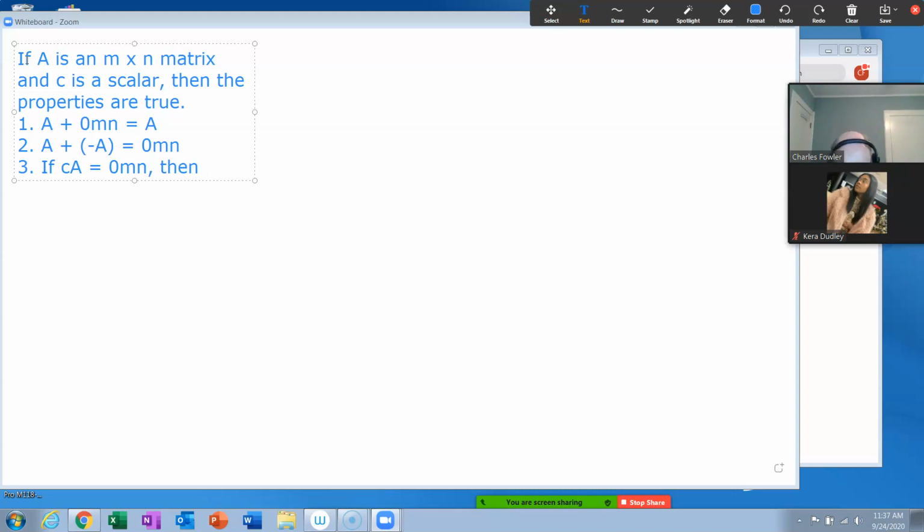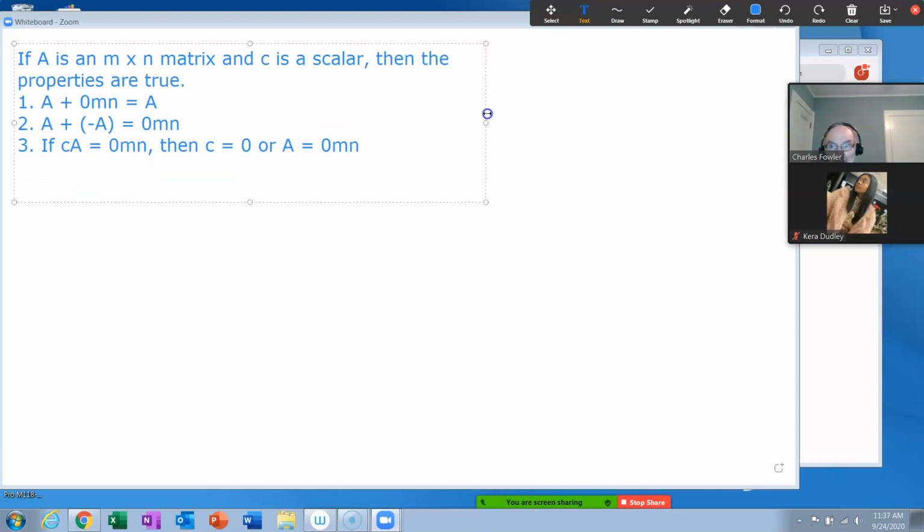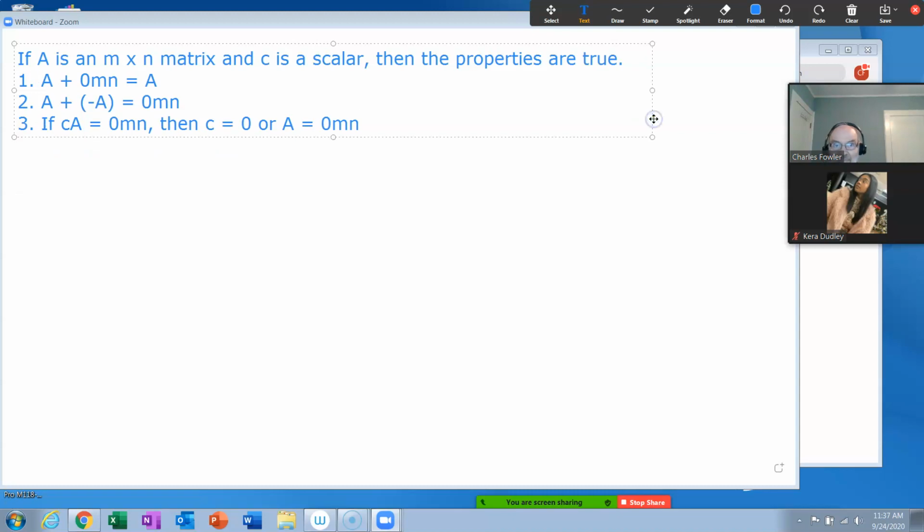Either C has to be identically equal to 0, that's the number 0, or A itself has to be the 0 m by n matrix. Okay? One of those has to be true.